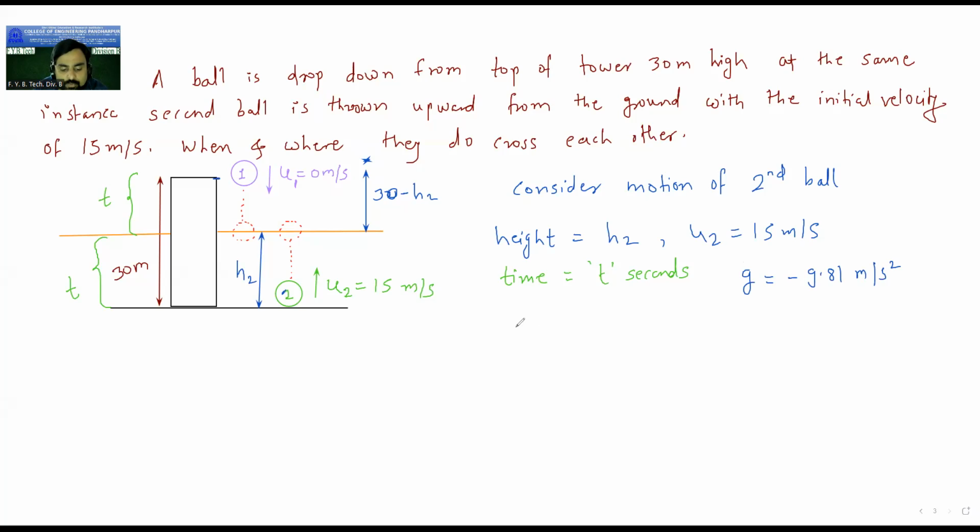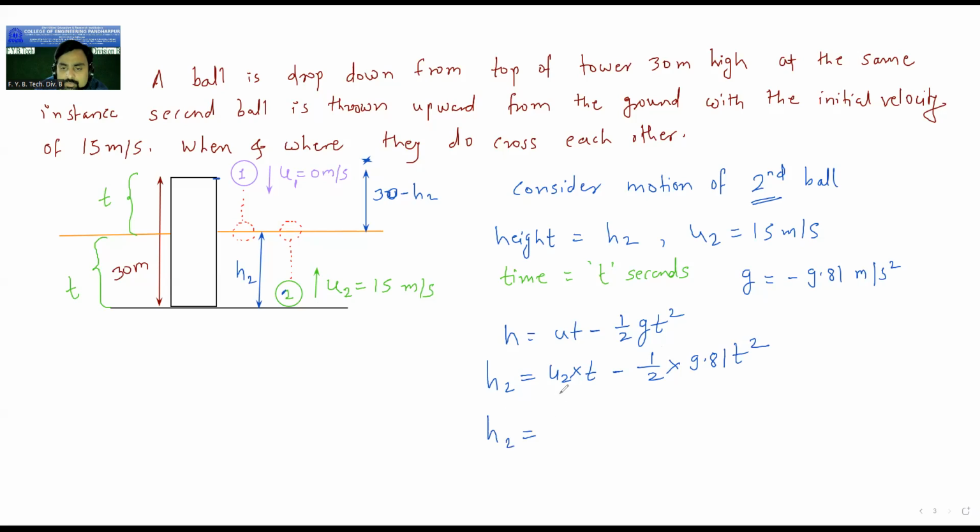Okay, now if I use the formula, h is equal to ut plus half g, and g is minus g, so minus half g t square. This is the formula. Here if I put the values, we are thinking about second ball, so h is nothing but h2, u is nothing but u2. t will be as it is because time is same for both of them, minus half into 9.81 t square. Now solve this equation.